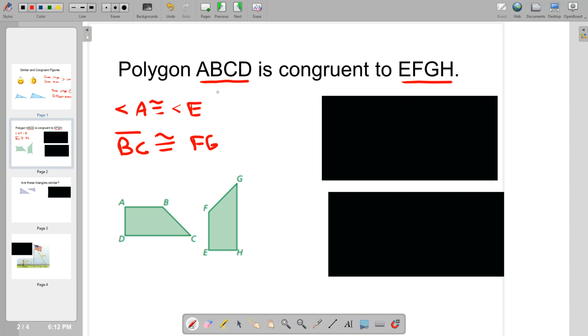And you can tell by looking at the shape, or looking at the letters that describe the shape, because BC would be the middle two letters, and FG here would also be the middle two letters.